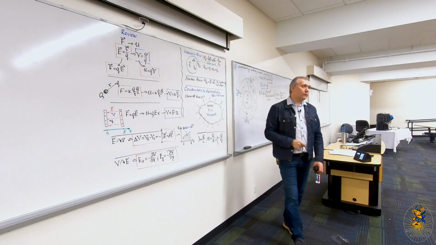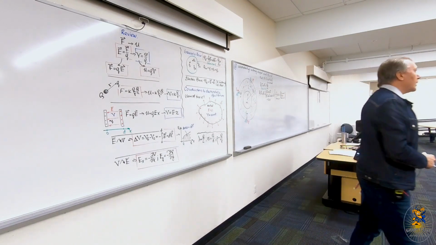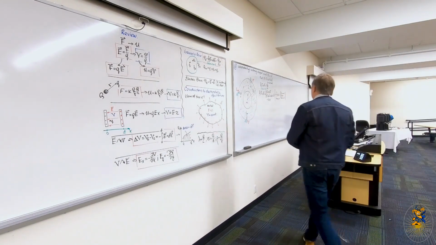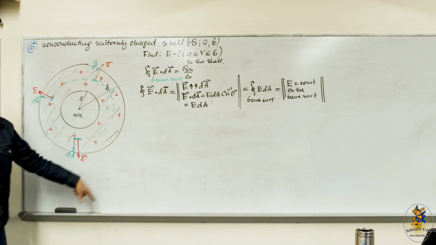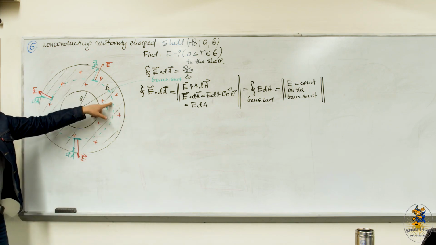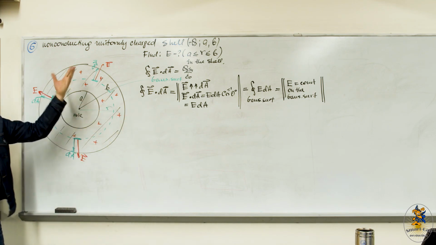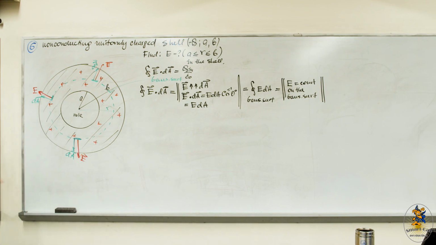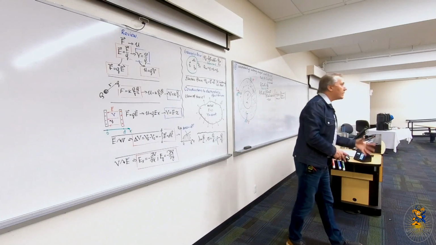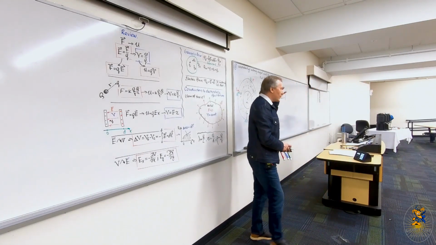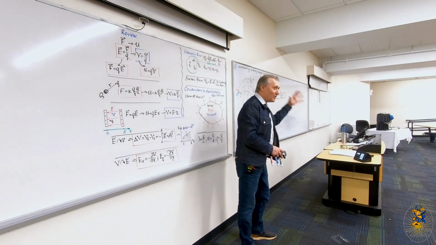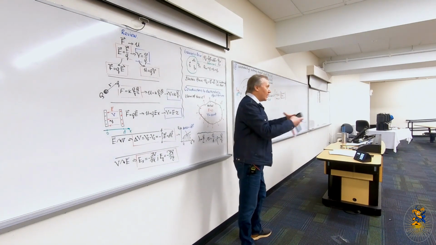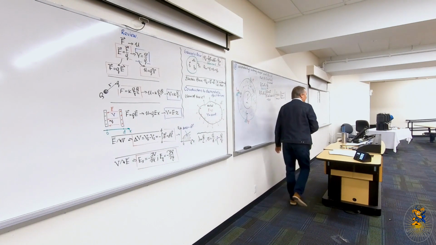It's not uniform. Uniform means exactly the same at every point, with the same direction, but in our case, the directions are different. And if you step away from the Gaussian surface this way or that way, the electric field will be different. So it's not uniform. I usually don't subtract points for that, but strictly speaking, it's not correct. It's a constant on the Gaussian surface, since we are wise, smart, we pick the best surface, and we can milk the symmetry of this problem, essentially.